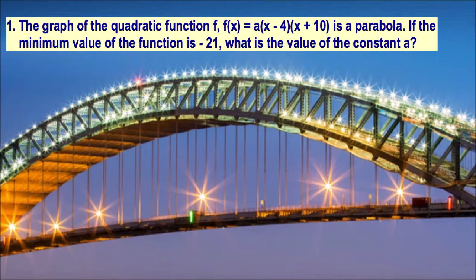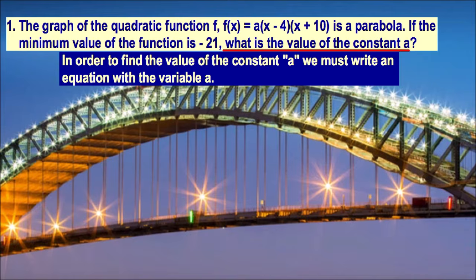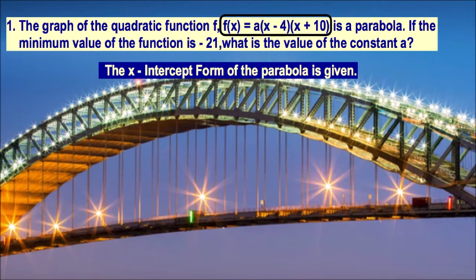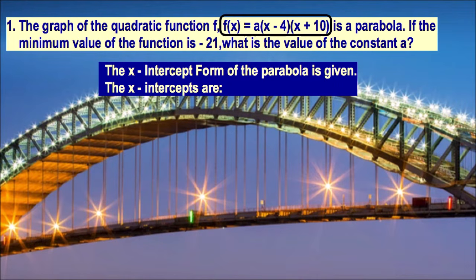If the minimum value of the function is negative 21, what is the value of the constant a? In order to find the value of the constant a, we must write an equation with the variable a. We have the x-intercept form of the parabola. It's given. The x-intercepts are thus 4 and -10.